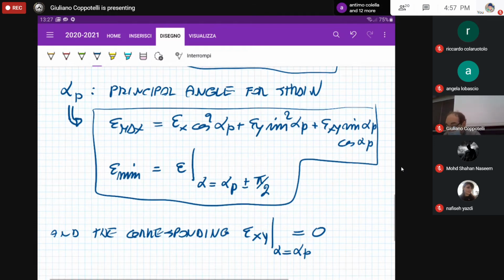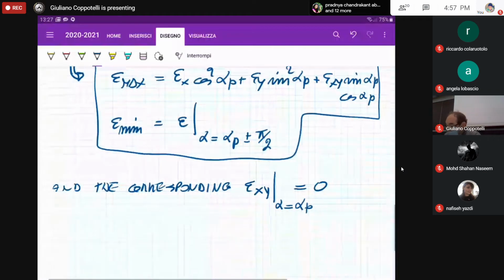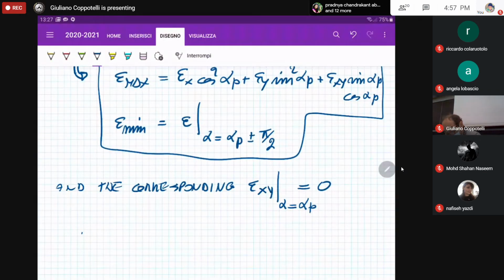By the way, we can also prove that there is a specific orientation angle in which we maximize the shear strain, epsilon xy. We can prove that epsilon xy maximum is equal to the difference in terms of amplitude between the maximum and the minimum strain.